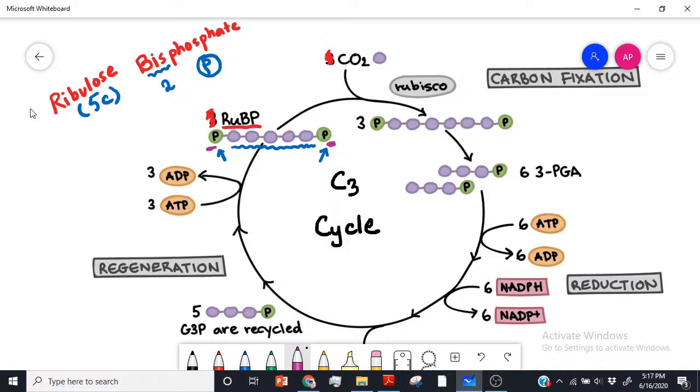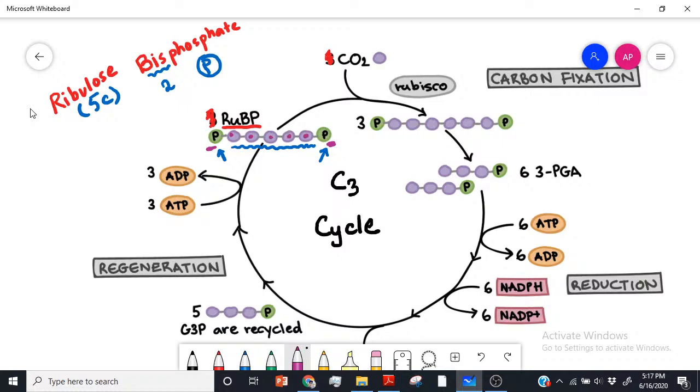Now, what is ribulose? In previous classes we learned that there's a 5 carbon sugar known as ribose, which is present in the nucleotides, right? Ribulose is a similar kind of sugar, very much similar to ribose, and that means it is also a 5 carbon sugar. To represent this, we have put 5 purple circles over there: 1, 2, 3, 4, 5.